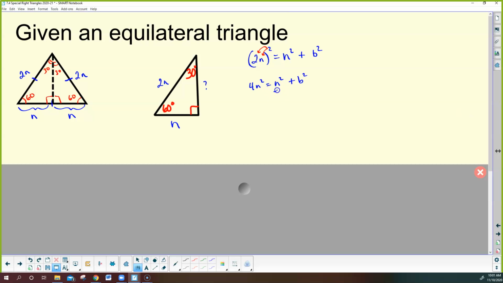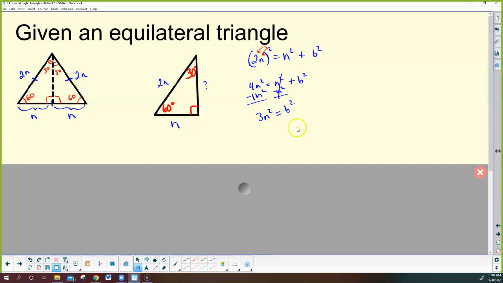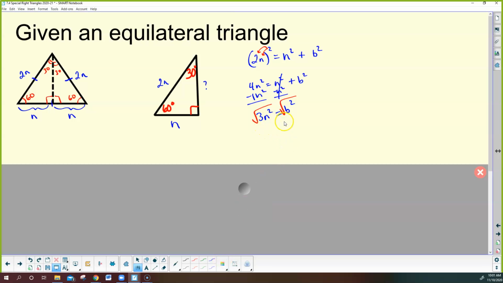But what I can do is move the like terms over to the other side. So I'm going to subtract an n squared over here. Remember, this is 1n squared, so I have 4n squareds, and I'm taking away one of them. So I have 3n squareds left over. My goal is to get the length of B by itself, so I'm going to take the square root of both sides. When I do that, the square root of 3 and the square root of n squared can be separated under their own radicals.